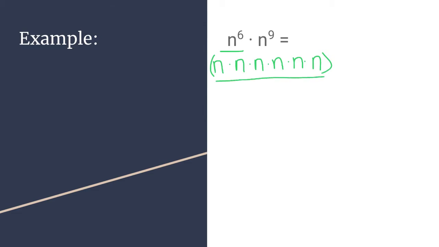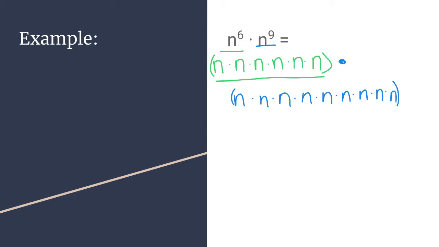This is n to the 6th. I'm going to multiply that by n to the 9th. I'm going to have to move down a little bit so I have more space. But my base is n, and I'm multiplying it 9 times. 1, 2, 3, 4, 5, 6, 7, 8, 9.